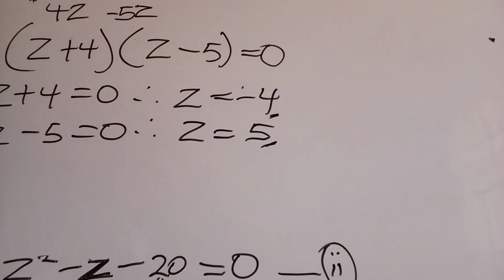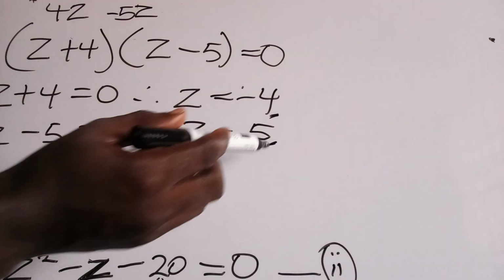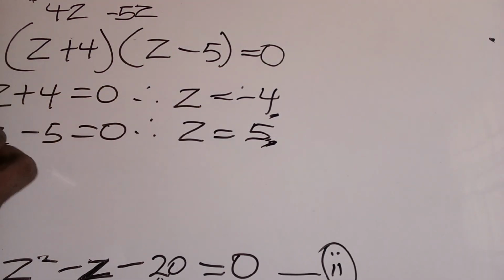And don't forget our equation 1, which says let 5 raised to power n equals z. Since minus 4 cannot give us a value that will satisfy equation 1 above, then we go for 5.